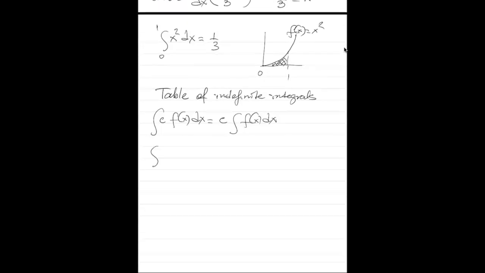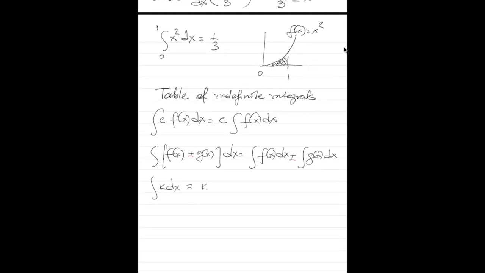If I have integral of a sum, f of x plus g of x dx, that is integral f of x dx plus integral g of x dx. And the same formula is true if we have minus here, and then we'll have minus here. The next one, if I have integral of a constant dx, that is the constant k times x plus c.